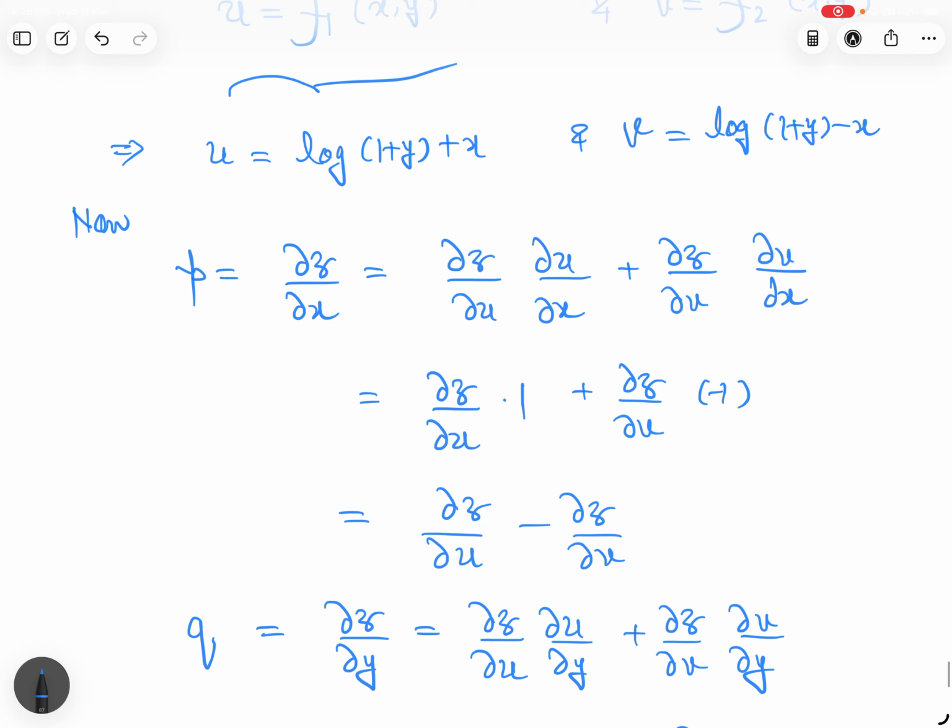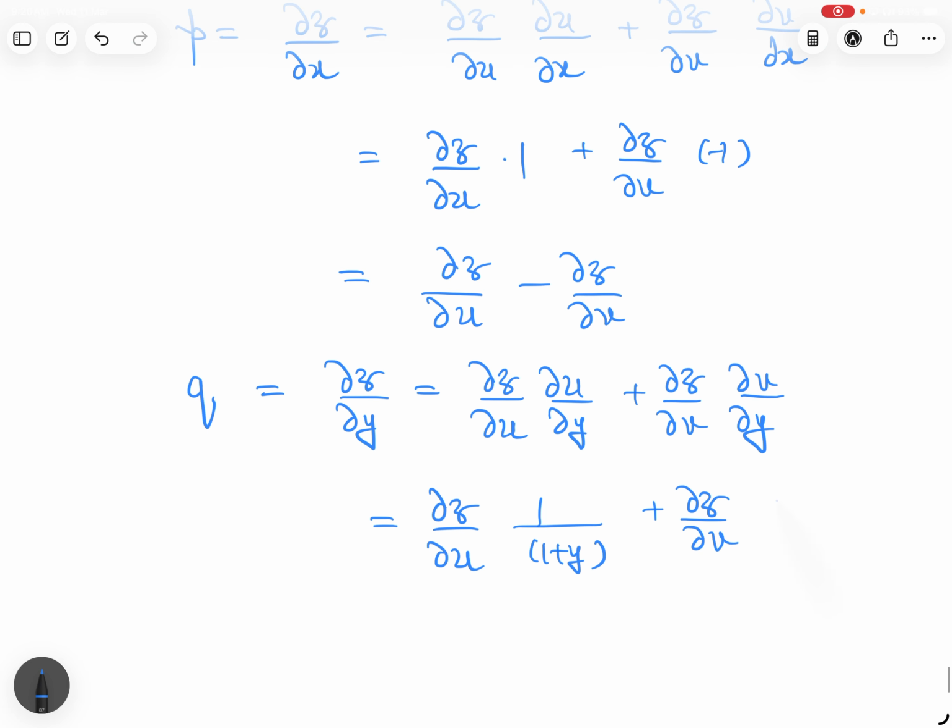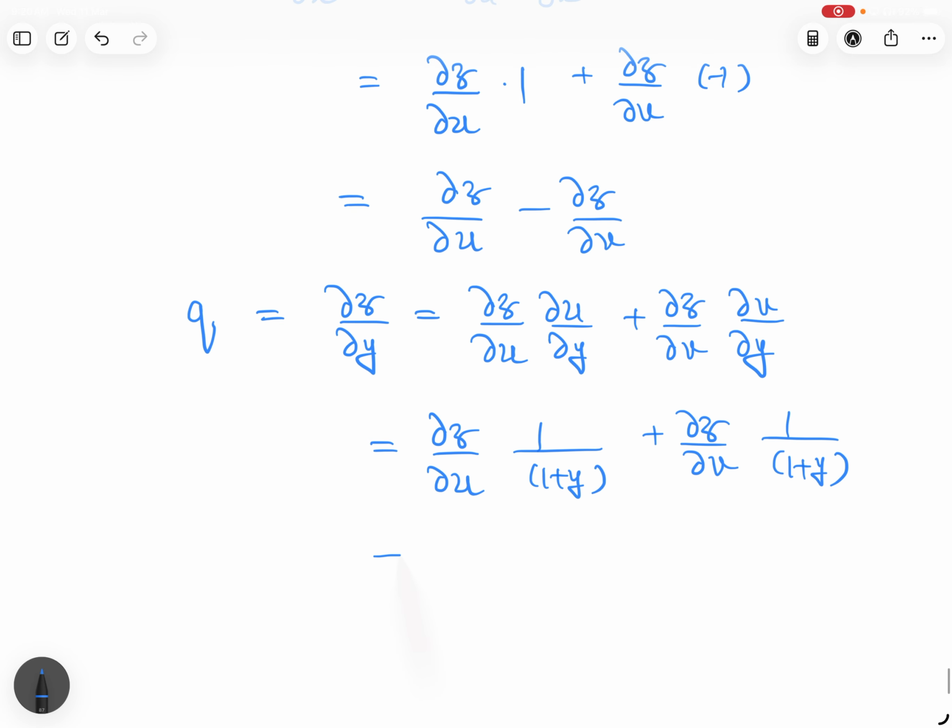What will del v upon del y be, tell me. The x will become 0, and it will be the same. Okay. So what did we get? I can take 1 upon 1 plus y common. So what is del z upon del u plus del z upon del v?